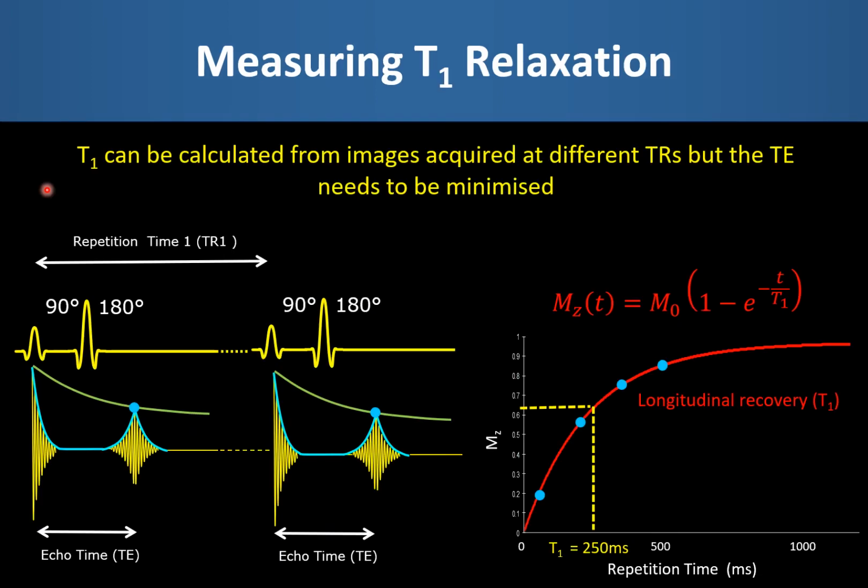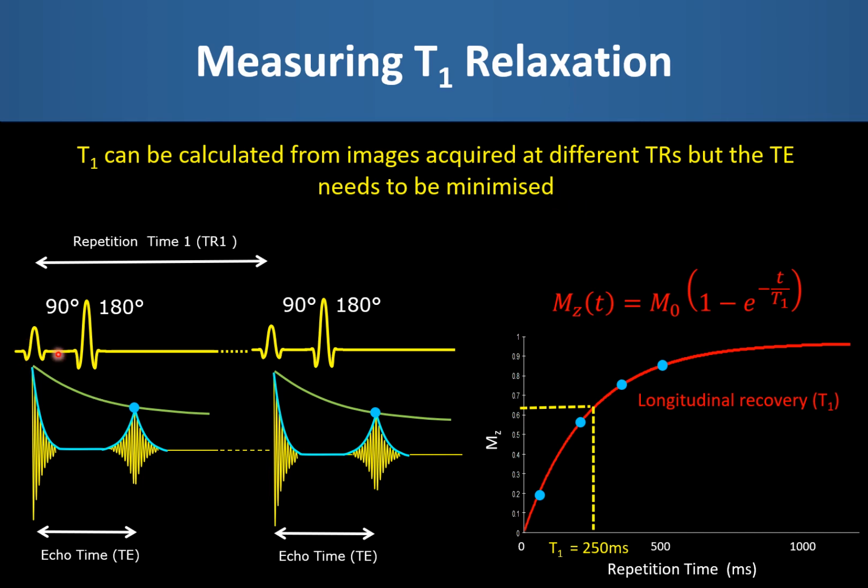So again, similarly to T2, we can also try to measure T1 relaxation, and the simplest method for this would be to acquire images at different repetition times, whilst keeping the echo time as short as possible to minimize T2 decay.